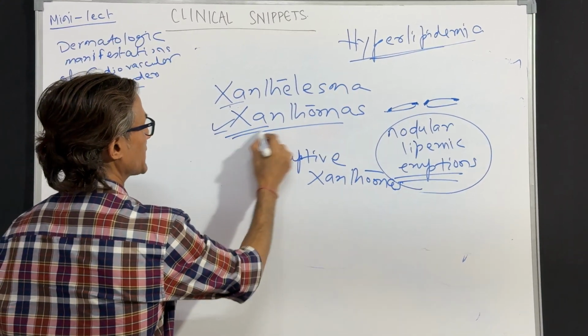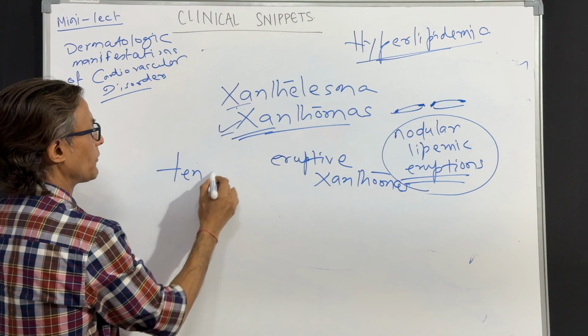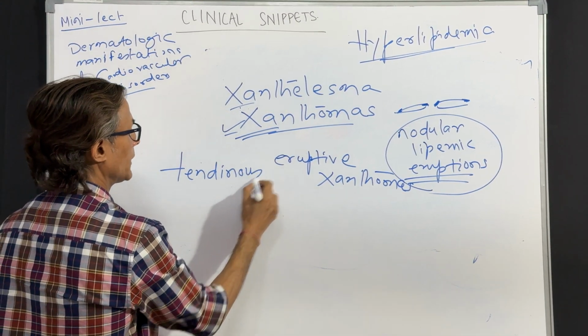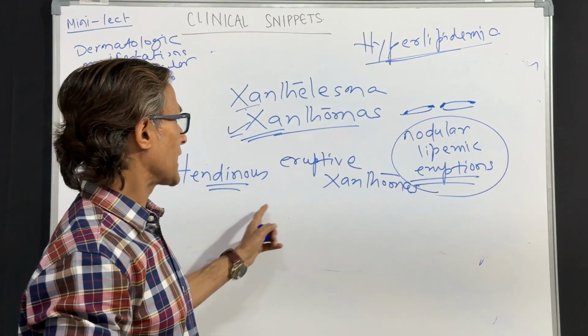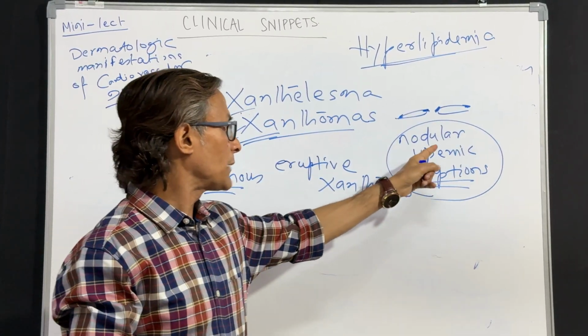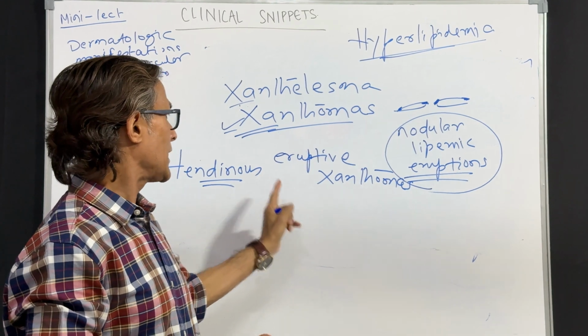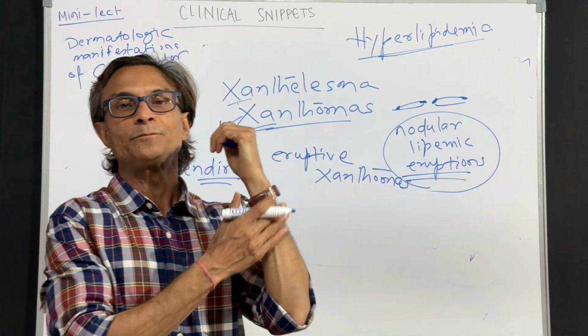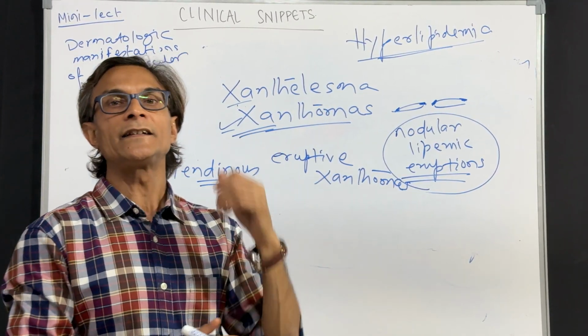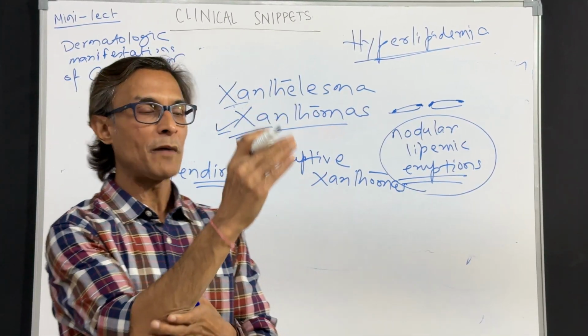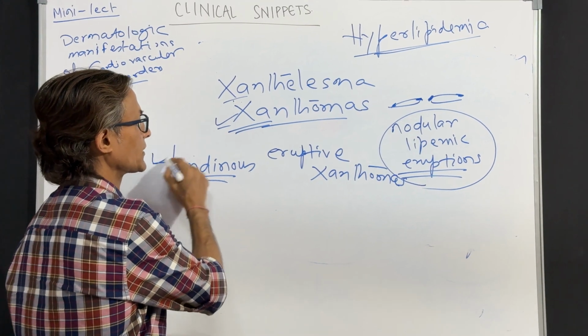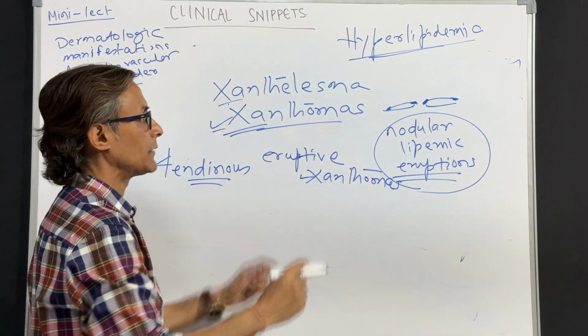Another type of xanthomas are known as tendinous xanthomas. As the name suggests, these xanthomas are a little bit bigger than the small eruptive xanthomas, and they especially occur in the extensor surface of the extremities and in the tendons. So Achilles tendon, extensor surface of the arms, when you palpate, you will get tendinous xanthomatous eruptions or xanthomas. They are a little bit bigger.